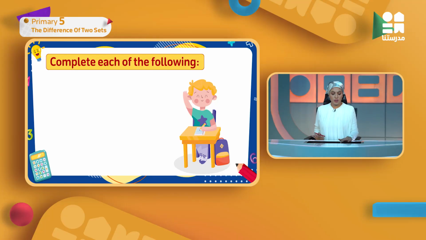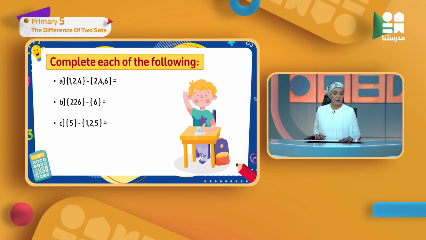Here, complete each of the following. If I have the two sets, the set 1, 2, and 4, difference the set 2, 4, and 6. The second question, the set 2, 2, 6, difference the set of element 6.